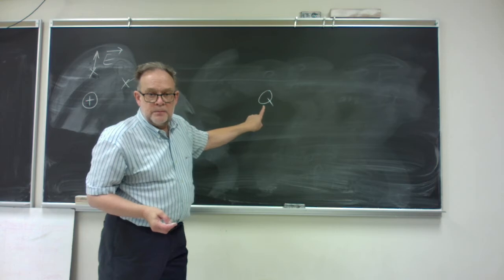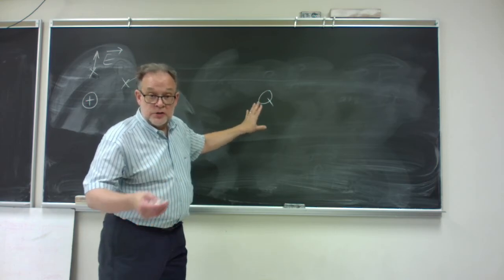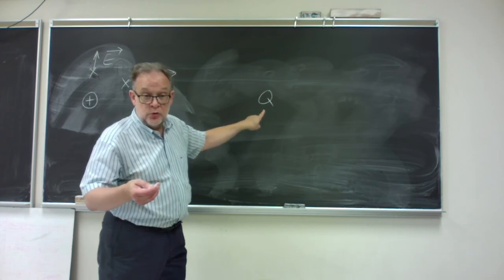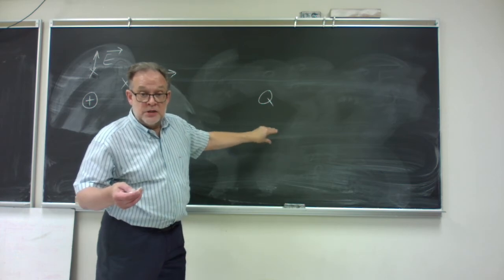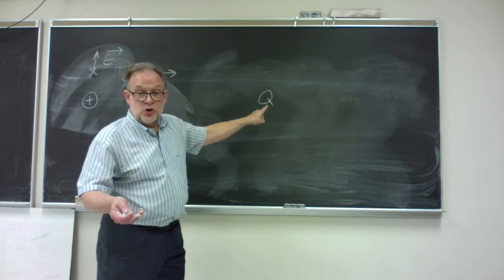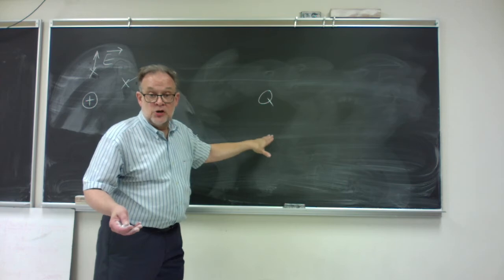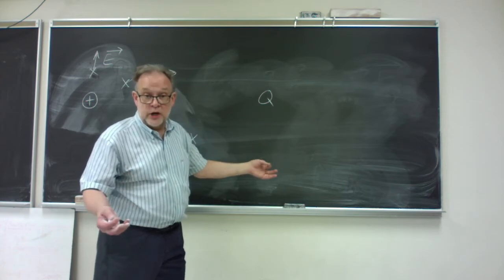Whenever I'm talking about a source of some kind of electric field, I'll always indicate that with a capital Q. And then when we think about some other charge that comes into that region and feels the field that was caused by capital Q, that charge that's feeling the field, I'll always indicate that with a lowercase q.